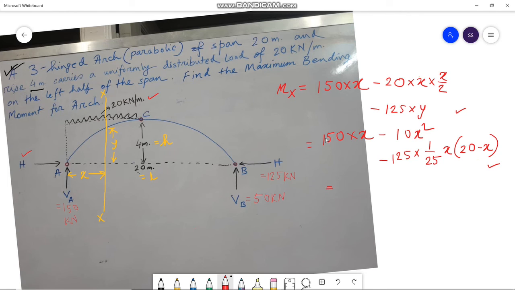Now upon further calculation, we get mx equals to 150x minus 10x squared minus 100x plus 5x squared.